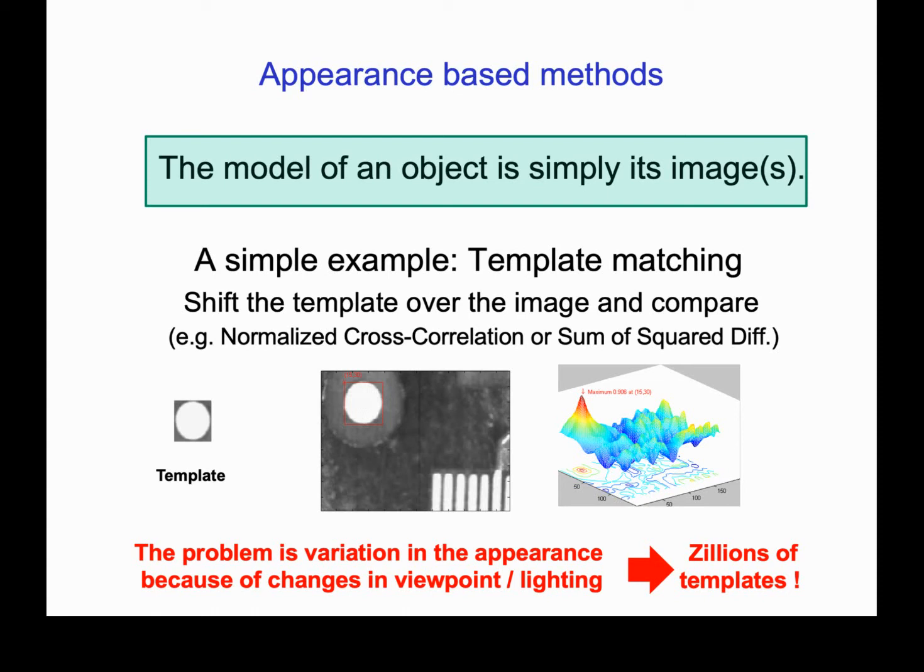If I include the variation in the appearance because of changing the viewpoint and lighting, now even for a small number of objects, I need a lot of templates. So this becomes very difficult in practice because for each object I need to recognize, I need to run many different template matching searches.